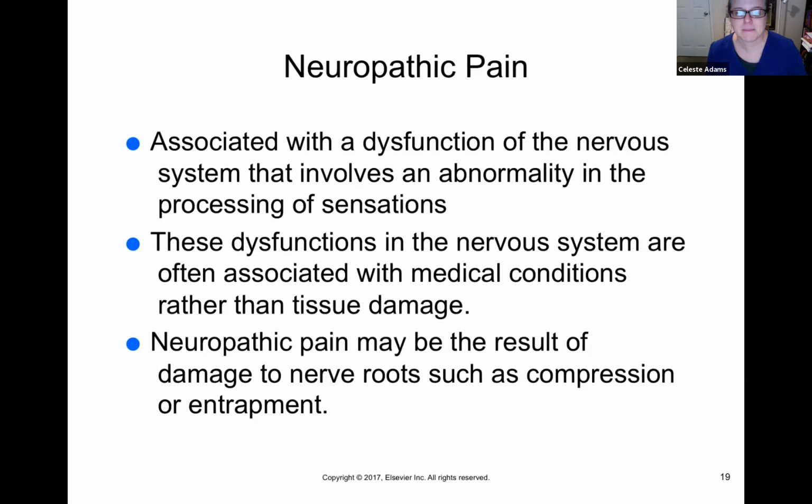Neuropathic pain may be the result of damage to the nerve roots, such as compression or entrapment.